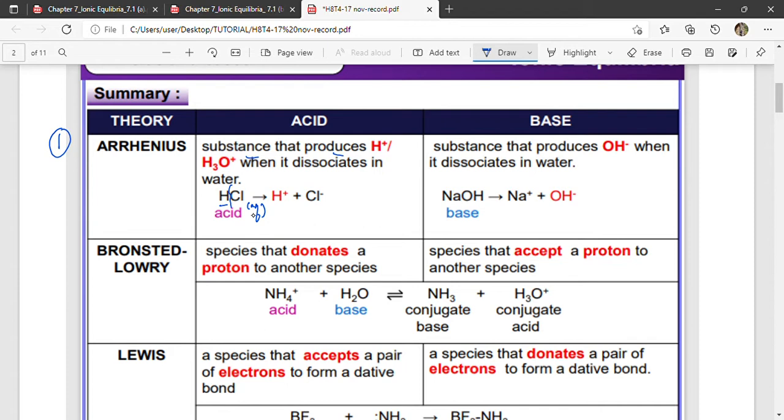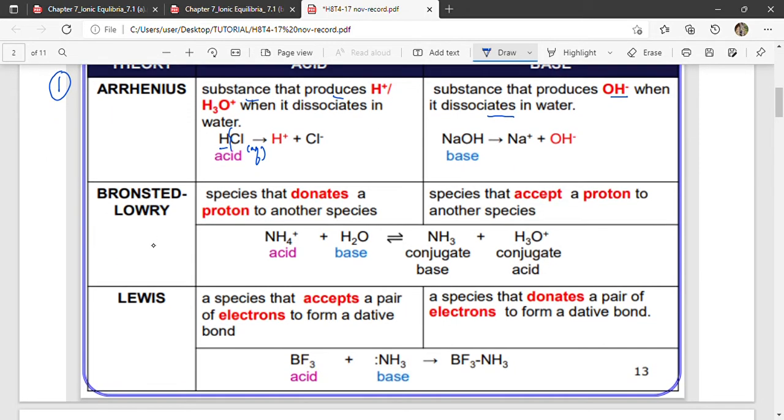So this is the first theory of acid and also the theory of base. Base is the substance that produces hydroxide ion when it dissociates in water. Alright, so the second theory is the Bronsted-Lowry theory.